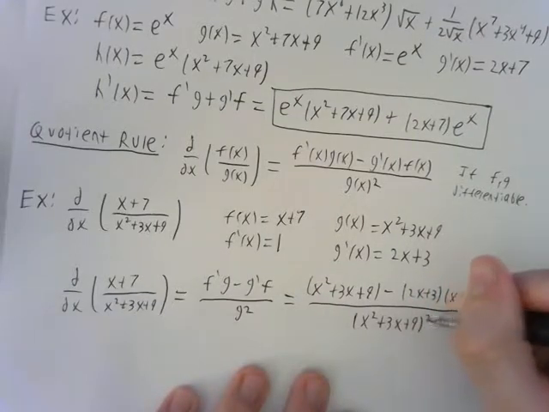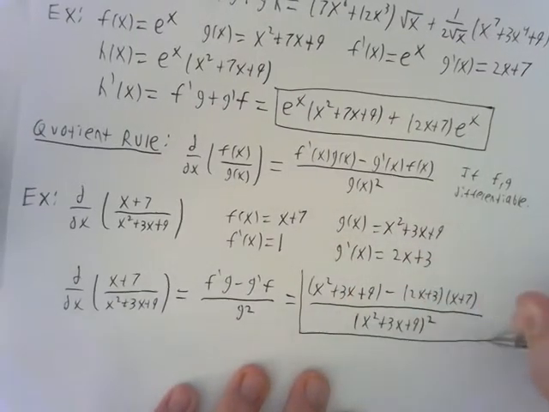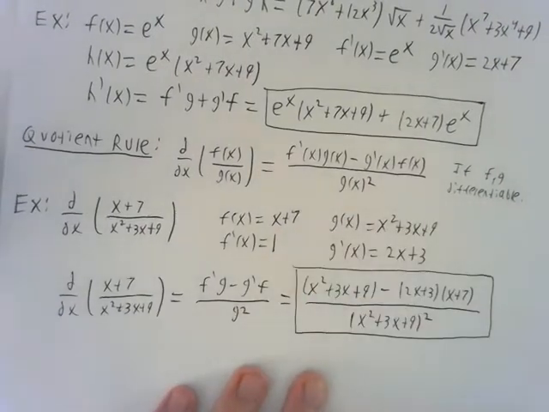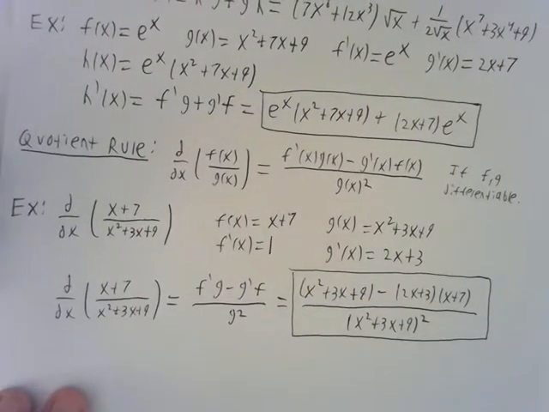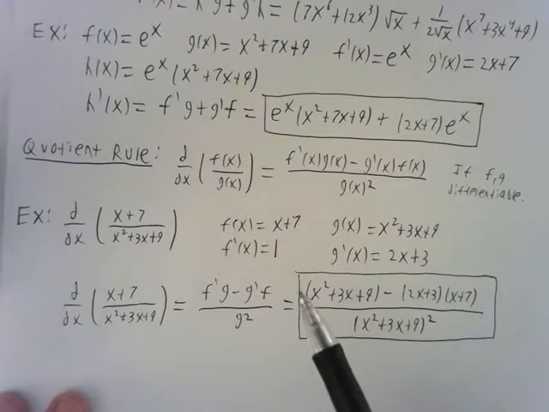And again, for this sort of problem, I do not expect you to do any simplification beyond that. So that's an example of how you can use the quotient rule.